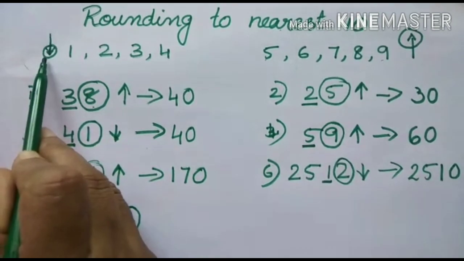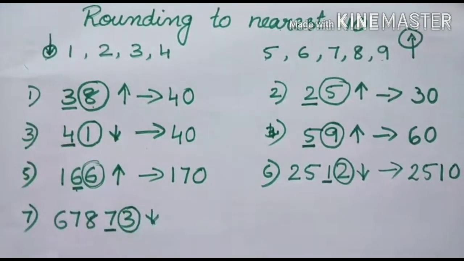So we have to round down. So what will be the answer? We write these numbers the same, 6, 7, 8. Then in the tens place we have to round down. Round down means we write the same number 7. Then for the balance we put 0 after that. Clear?